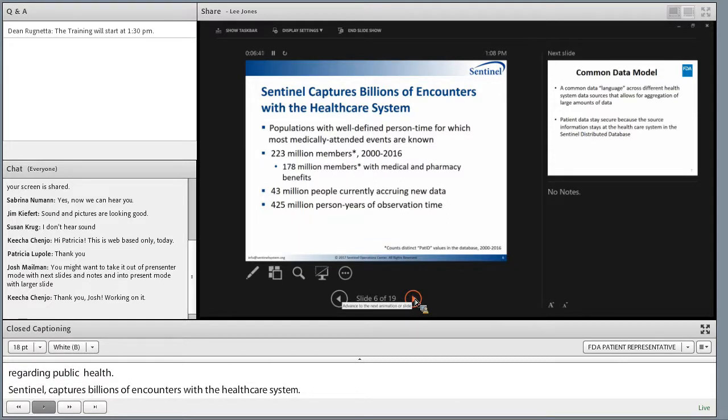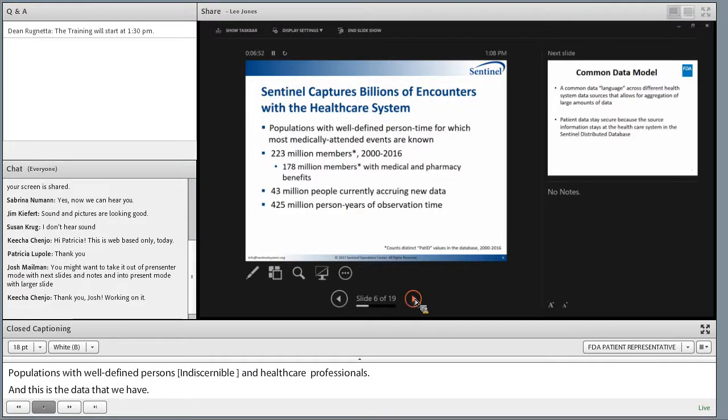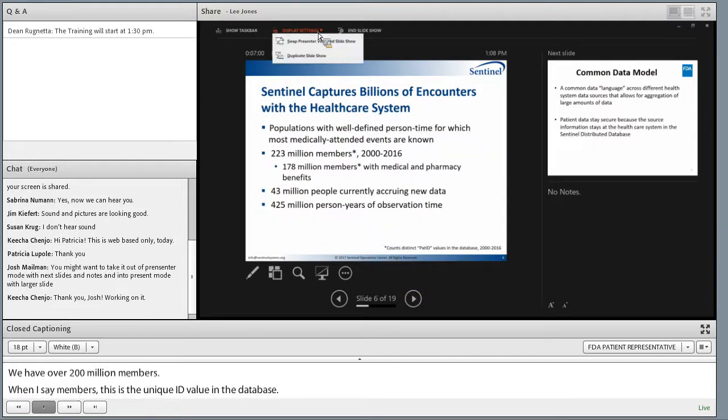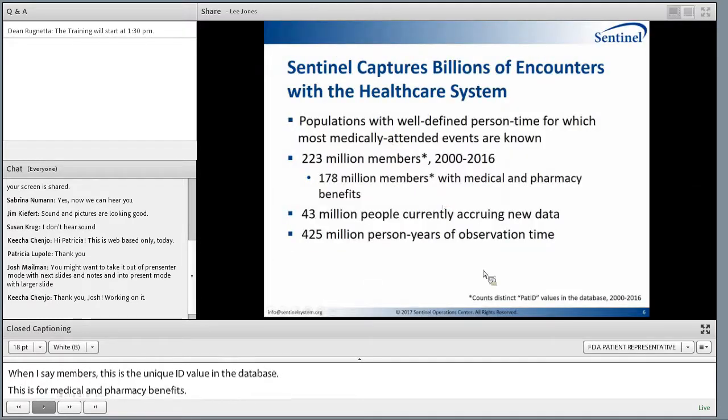We have over 223 million members since 2000, and when I say members, I mean unique patient ID values in the database. We had over 178 million members with both medical and pharmacy benefits. Over 40 million people are currently accruing new data. And there's over 400 million person years of observation time upon which to perform epidemiologic studies.